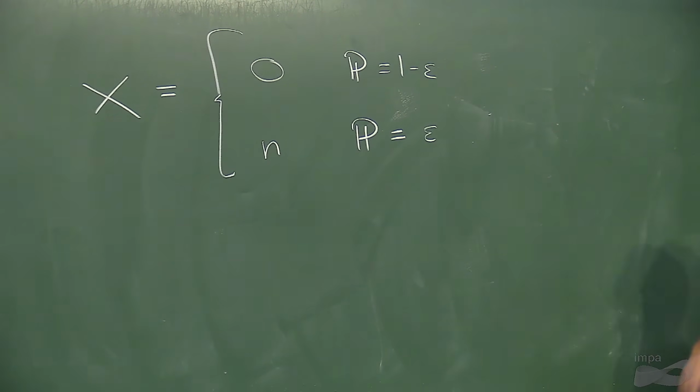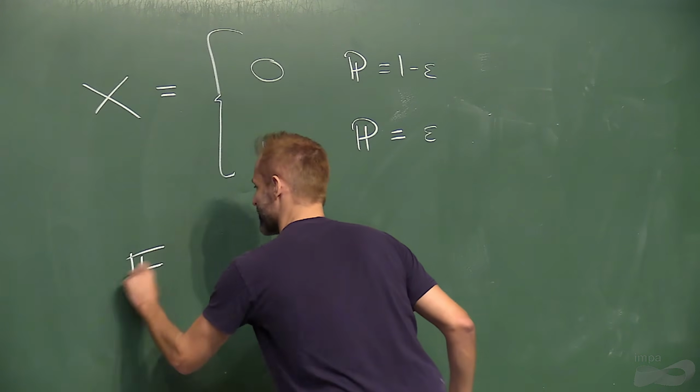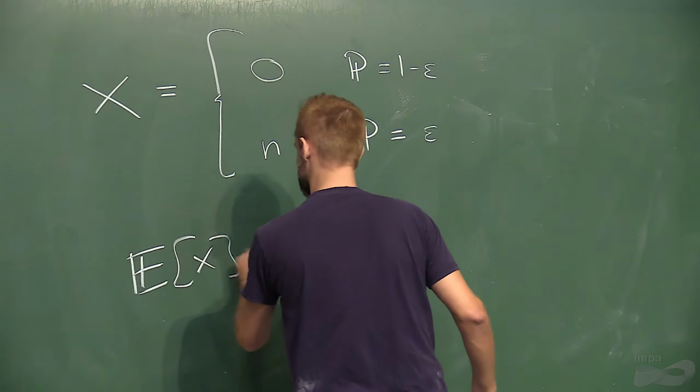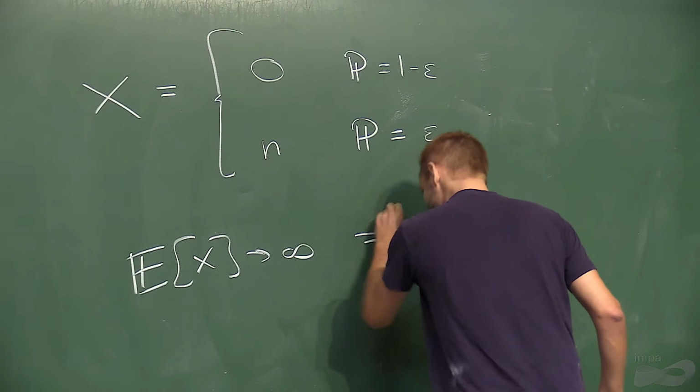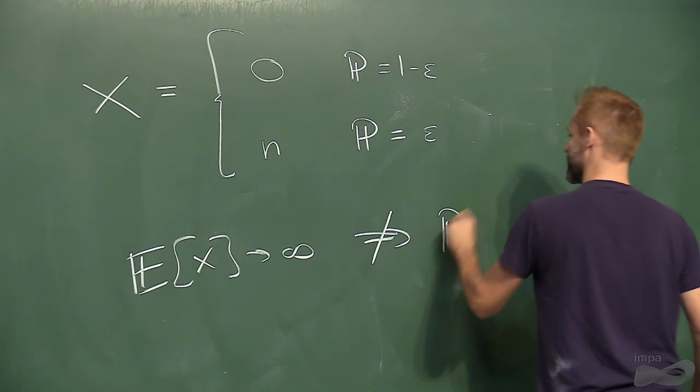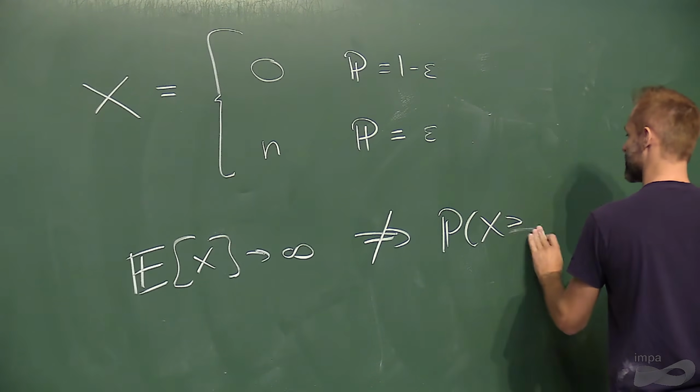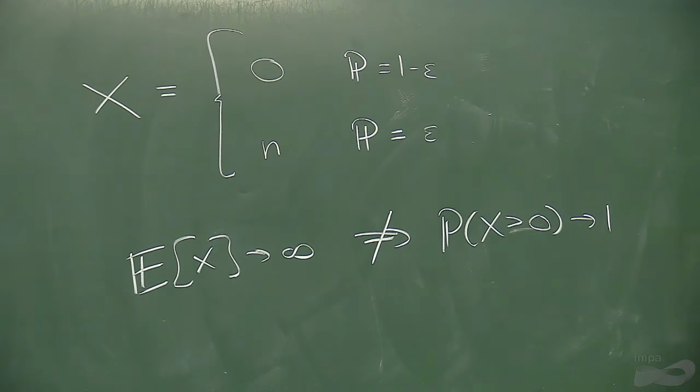So it's not enough. Expectation of x tends to infinity does not imply the probability that x is strictly greater than 0 tends to 1. Right? Even for non-negative random variables. Okay? So we need more information.